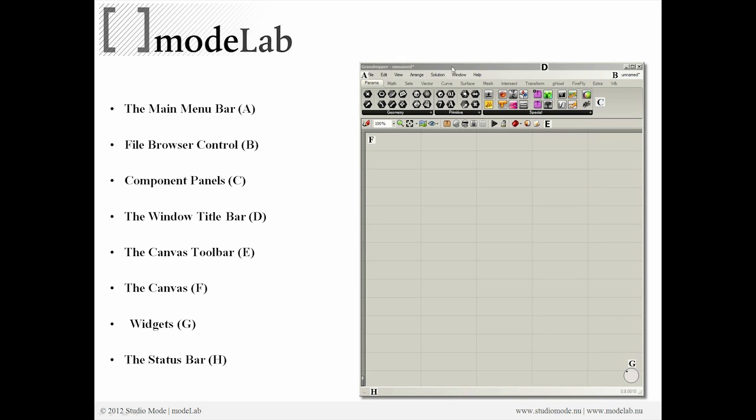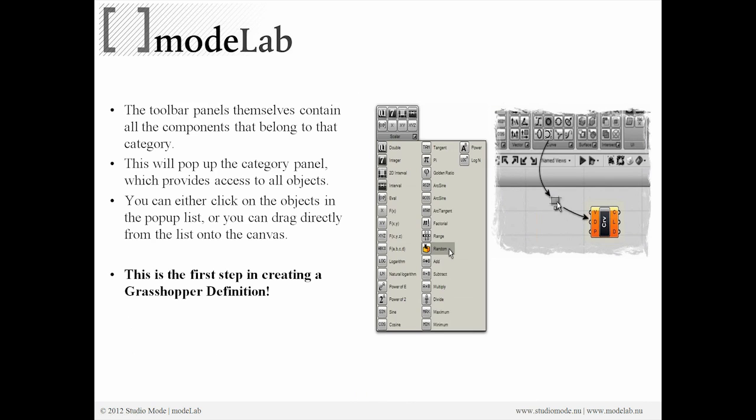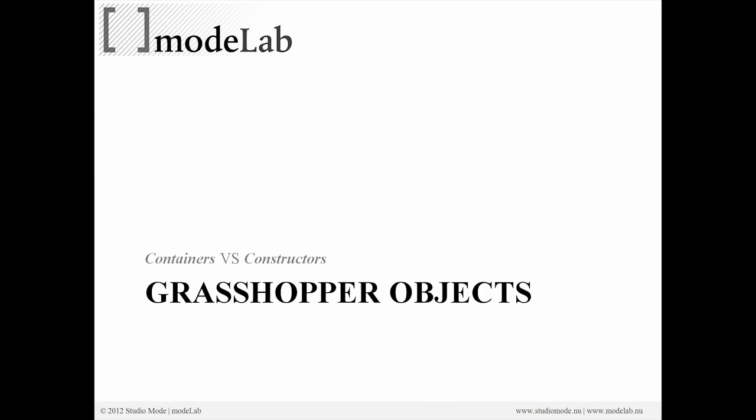At the top, the window title bar, and then a collection of component panels containing all the different types of objects you can use in Grasshopper. Now remember, holding down your left mouse button and dragging an object onto the canvas is really the first step in creating a Grasshopper definition. So, Grasshopper objects.